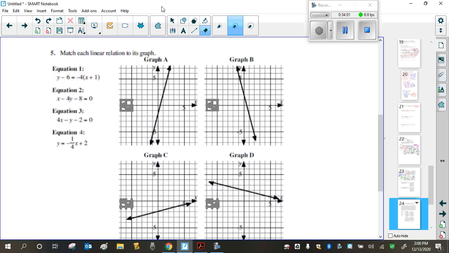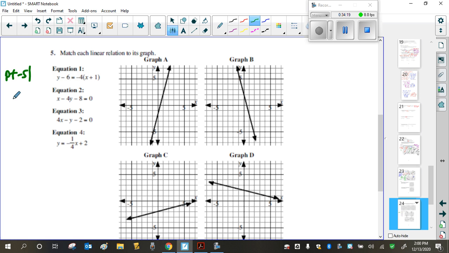This one is point slope. This one is general form, so you can use solve for y or do the x-intercepts. It's up to you. This one's general form, same thing.